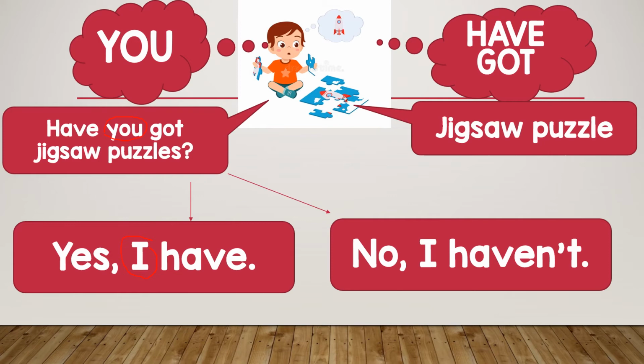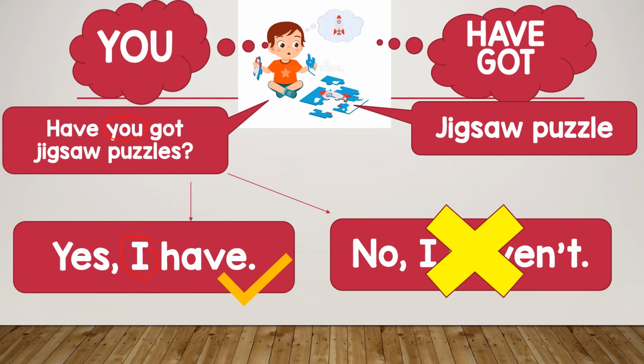So we must answer yes I have or no I haven't, because ya saya ada or tidak, saya tidak ada. Okay, so the answer should be yes I have, since the boy actually has got a jigsaw puzzle.